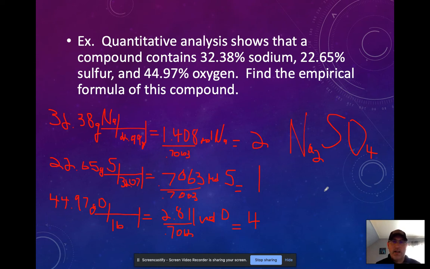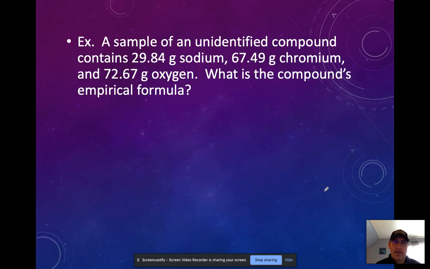All right, one last one to wrap this up. Now, for this one, you can see we're given gram amounts. So you don't have to do anything else but write those. There's not much to do when you're given percentage either. You just write it as grams. But so we have 29.84 grams of sodium and 67.49 grams of chromium.